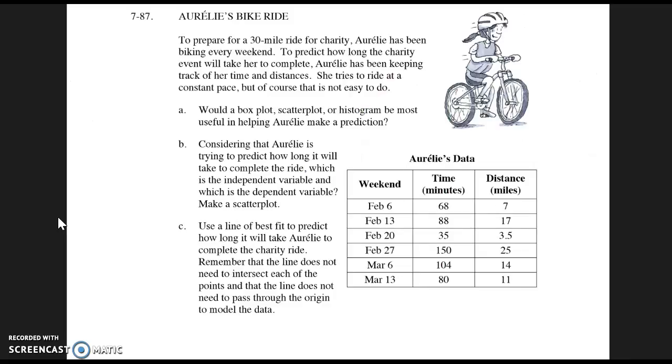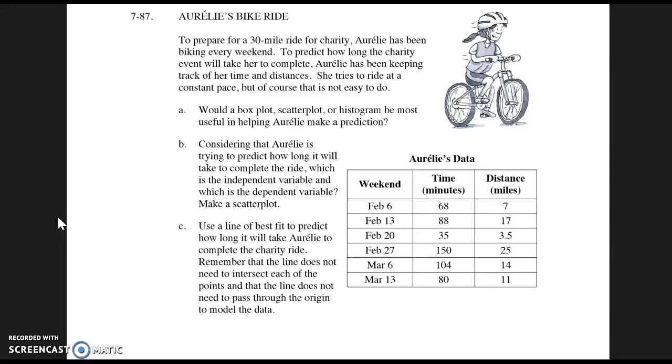Another concept that students will be working on is trying to determine the relationship between two sets of data, specifically what is the independent and the dependent variable. So here in this problem, we've got Arlie's bike ride. She is preparing for a 30-mile ride for charity, and she's been biking every weekend.